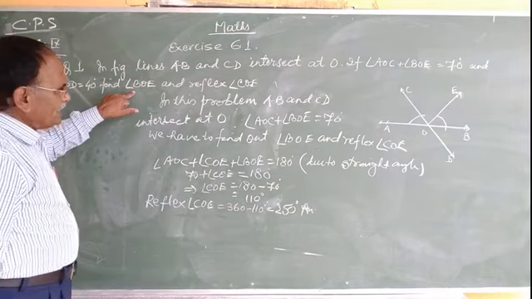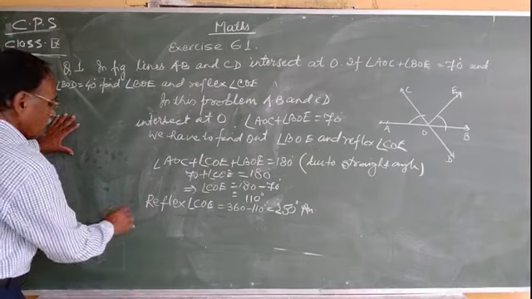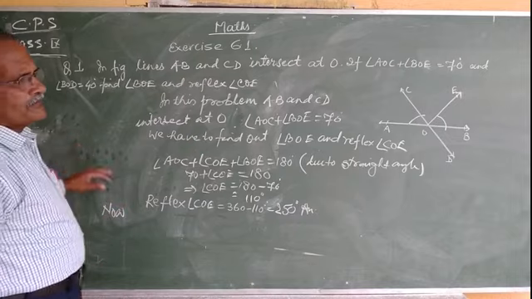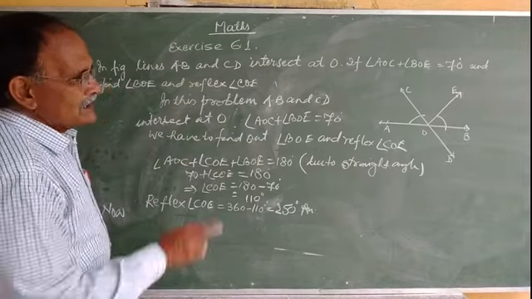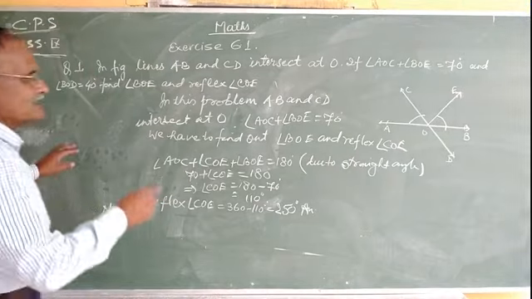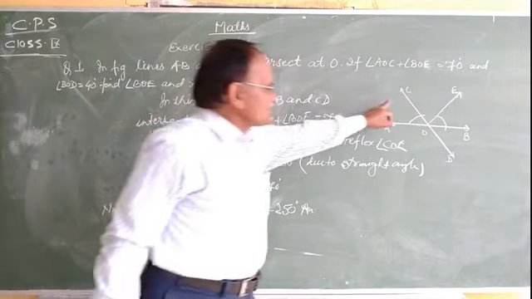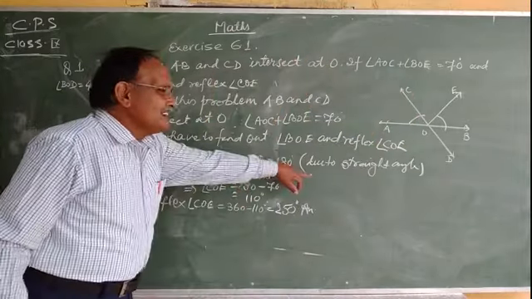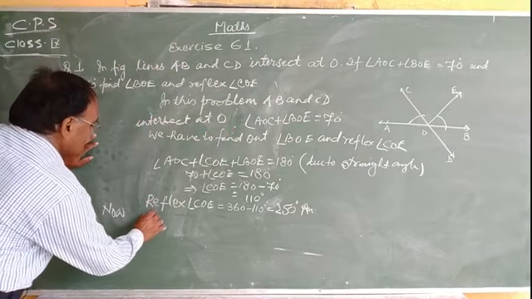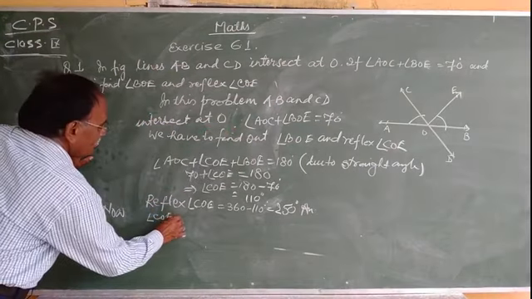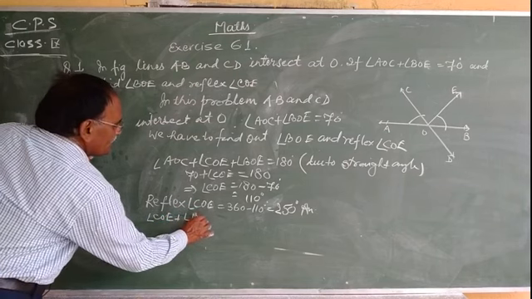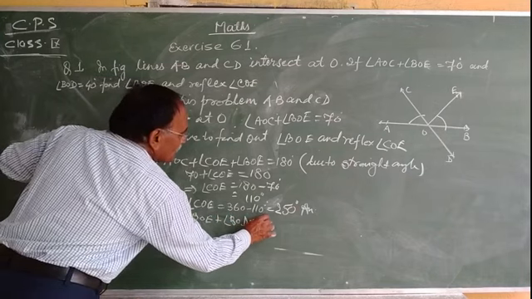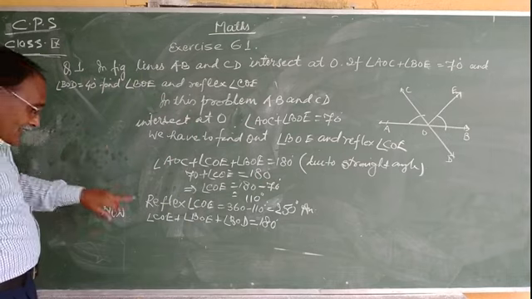Now we have to find out angle BOE. Now this is BOE, COE and BOD. These three angles lie on one straight line COD. So it is also based on the straight angle, that is angle COE plus angle BOE plus angle BOD is equal to 180 degrees.